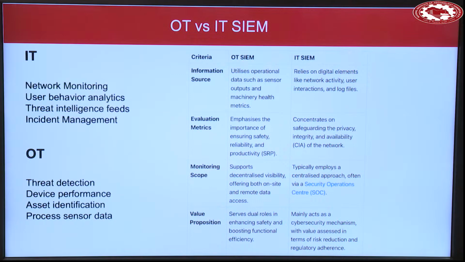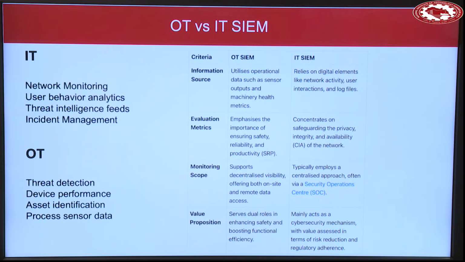So if I look at this, say information source, the comparison, OT systems utilize operational data such as sensor outputs, machinery health metrics. On the other hand, IT SIEM relies on digital elements like network activity, user interaction, and log files. Right? As we discussed, even creating a log file on an OT system is not easy. We don't have logs for those.